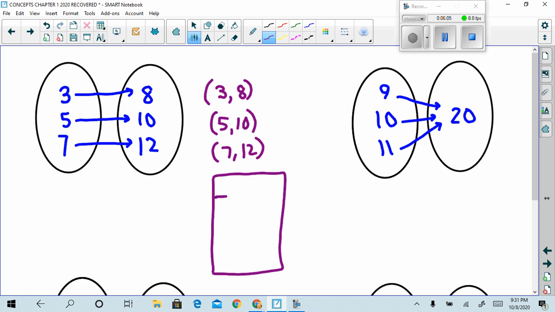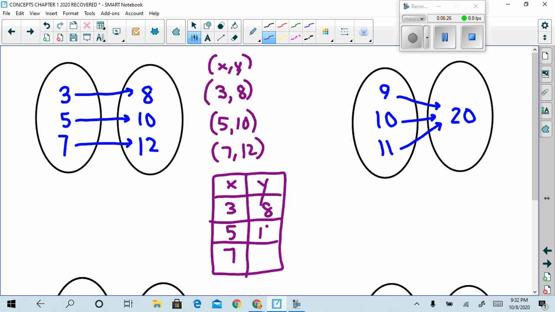When putting it into a table, you can write the words input and output, though most of the time I'll put X and Y. I'll then write my X's, which are the first of the two numbers: 3, 5, and 7. That's my domain. My range are my Y values. I'm going to be using these words and sharing with you each time what the names are and how they interchange.